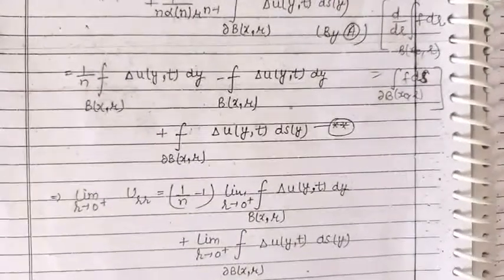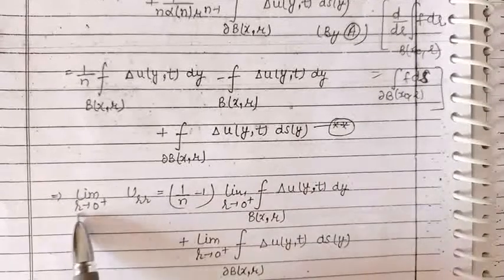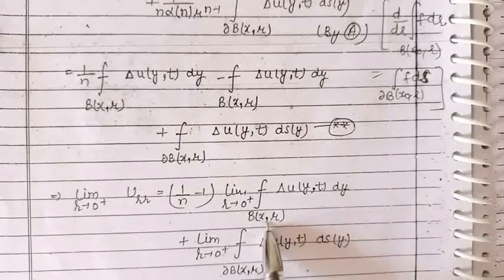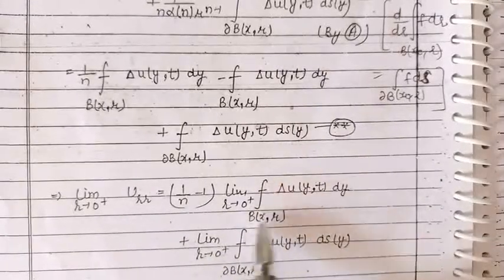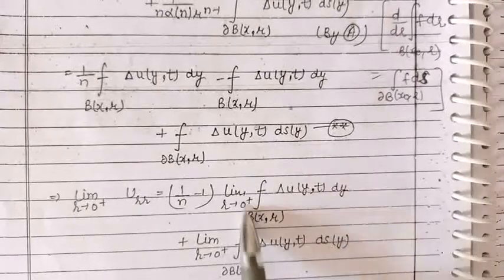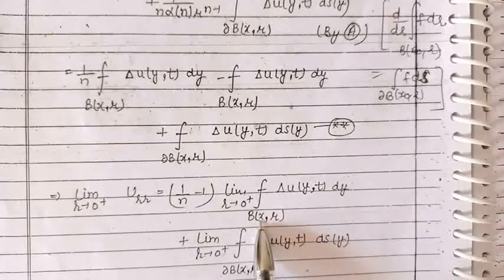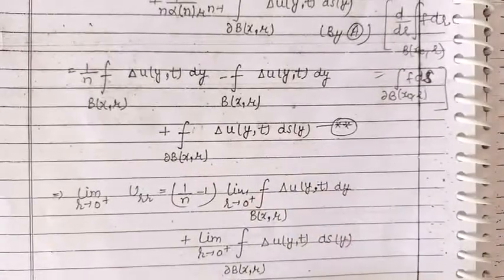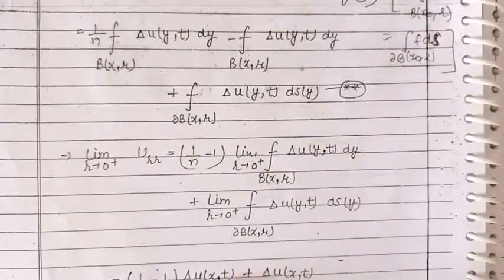Now let us apply the limits as r approaches 0, on both sides. As r approaches 0, this ball will shrink to just a point, the center. So the average value over the ball will become the value at the center of the ball. So this will be Laplacian of u at x.